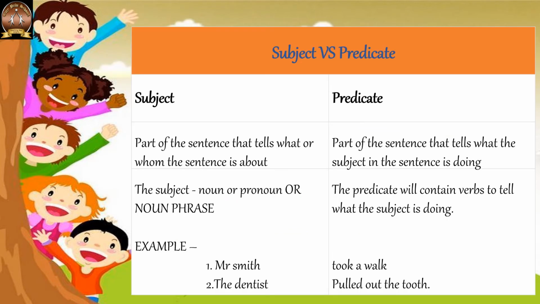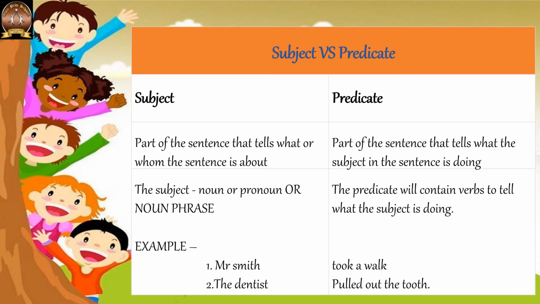Now let us learn about subject and predicate in a comparative way. Subject is the part of a sentence that tells us what or who the sentence is about, and the subject is always a noun, pronoun or a noun phrase. Whereas the predicate is the part of the sentence that tells what the subject is doing.